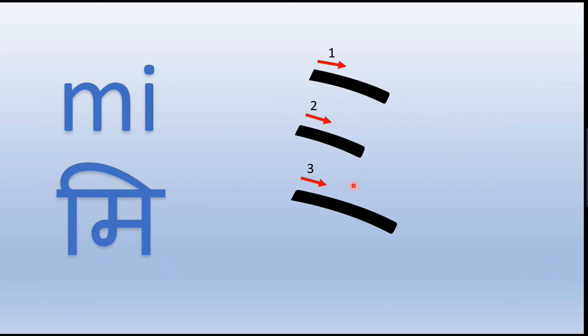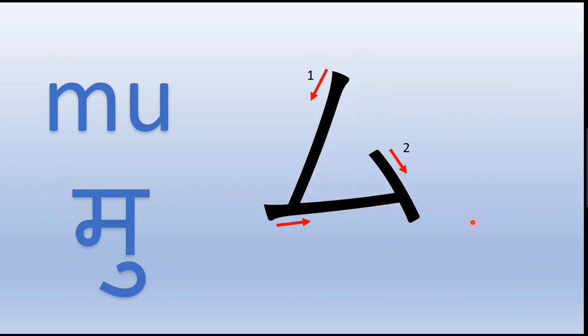Mi. Mi is pretty simple. There are three strokes, 1, 2, and 3. The first stroke like this. The second stroke is shorter than the first one, and the third stroke is longest among the three. And you can see that all these three are parallel to one another. So this is mi. Next is mu. Again, it should be written in two strokes.